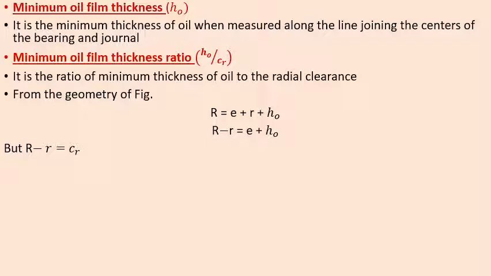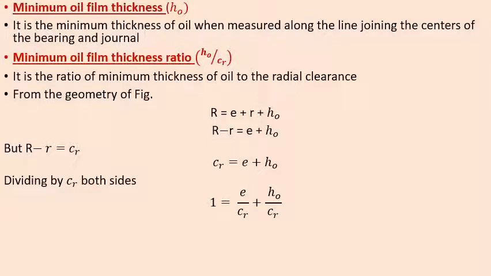That is nothing but the radial clearance. So if we substitute that, then radial clearance CR is equal to eccentricity plus H naught, the minimum film thickness. So now if I divide by CR on both the sides, then we will get the expression 1 is equal to e by CR plus H naught by CR.